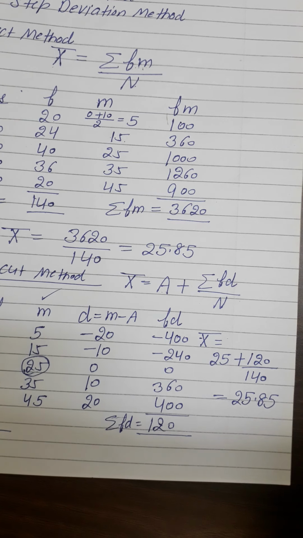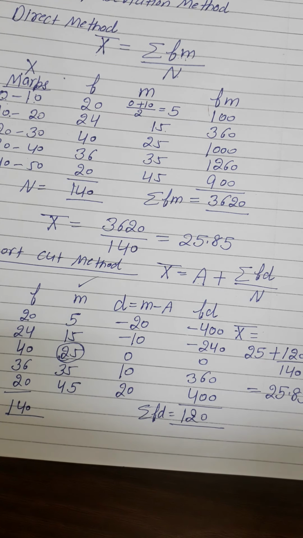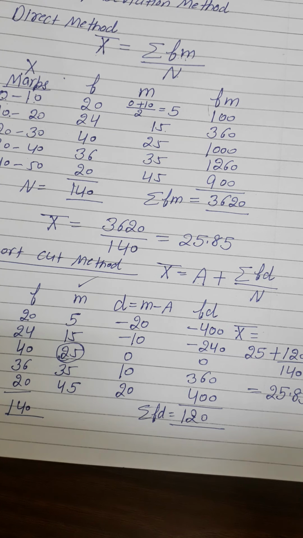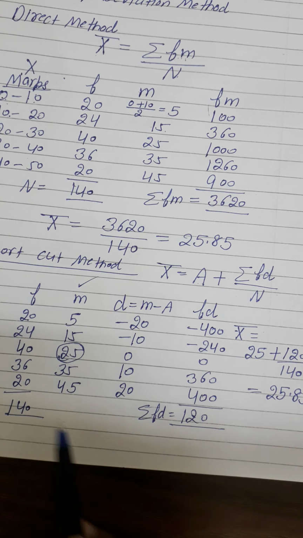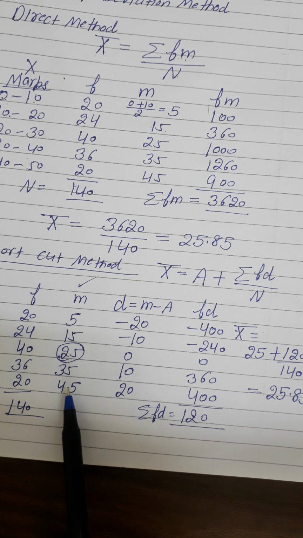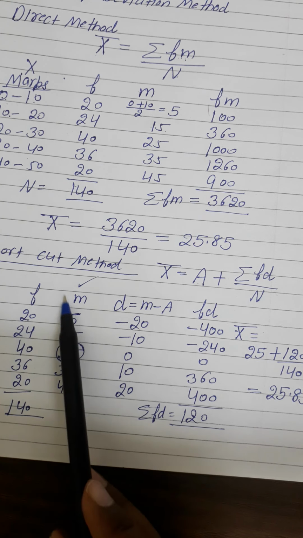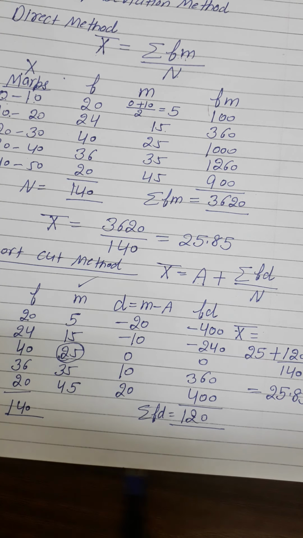This is the shortcut method to calculate arithmetic mean in case of continuous series. All the method is same as in case of discrete series, but we have to calculate here the midpoint and we have to take assumed mean from this midpoint series.